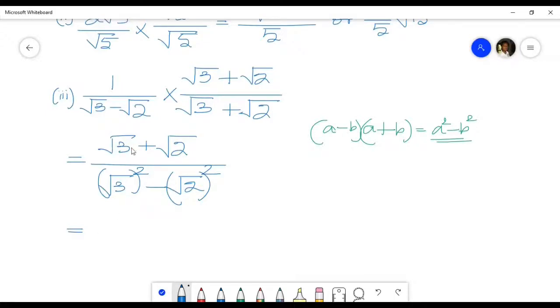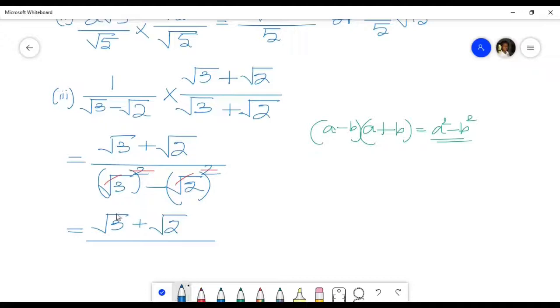So we've got root 3 plus root 2 divided by root 3 square minus root 2 square. Looking at this, we can cancel the squares and square roots.